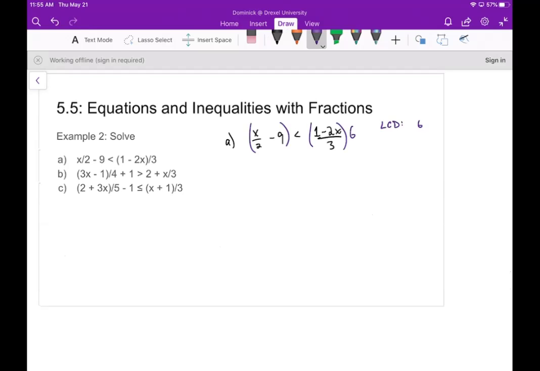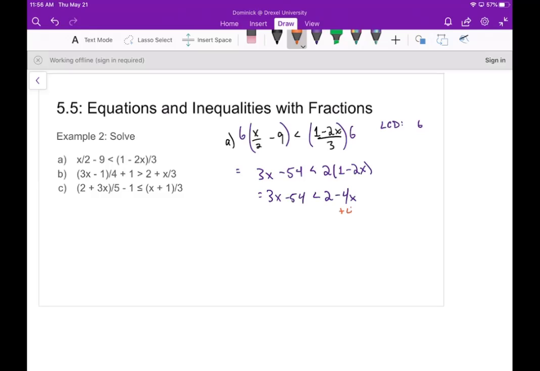If we multiply both sides by 6, we're going to get 3x minus 54 is less than 2 times parentheses 1 minus 2x. Okay, so now if we simplify the right side, if we distribute, we're going to get 2 minus 4x.